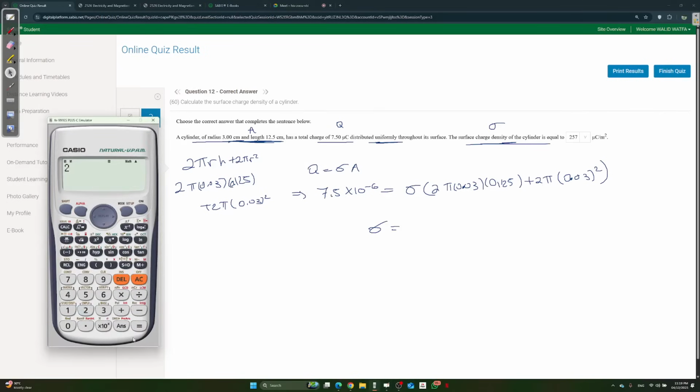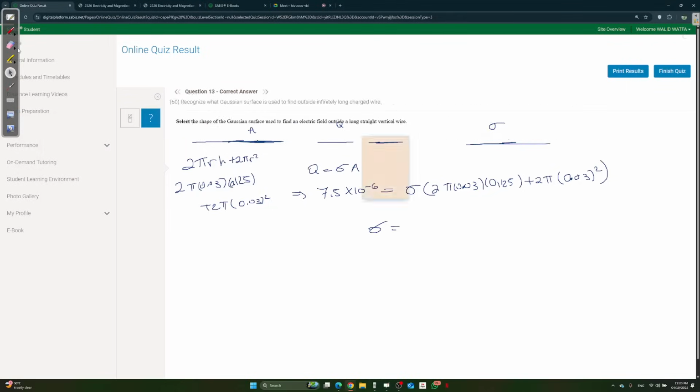You get whatever this is. So 7.5 times 10 to the power of negative 6 divided by this. They want it in micro, so you multiply by 10 to the power of 6. You get 256.7, which is just 257.